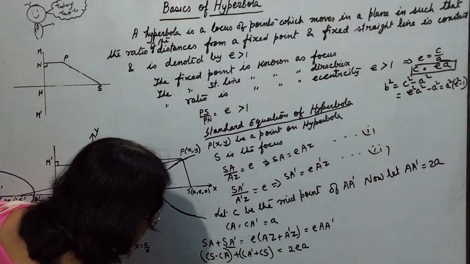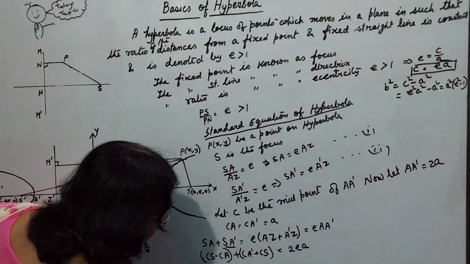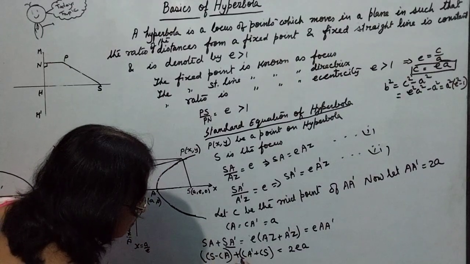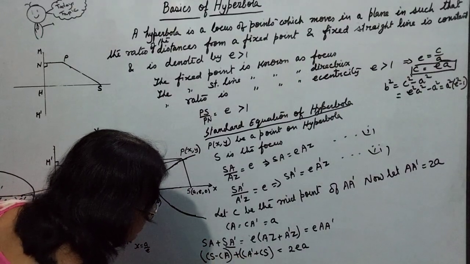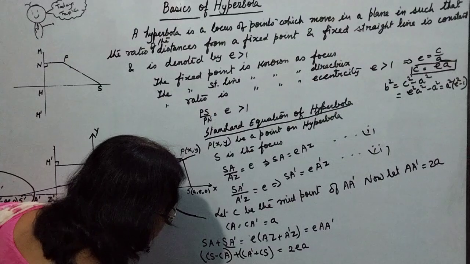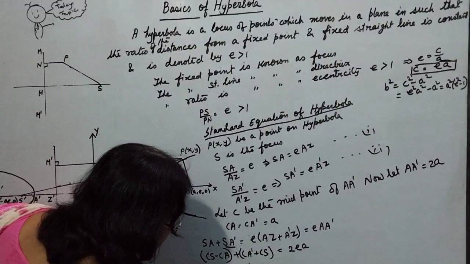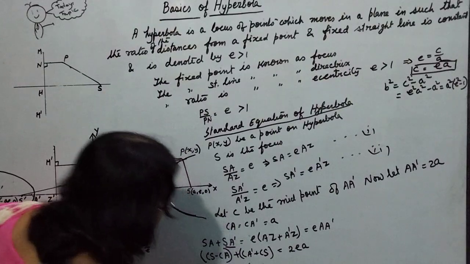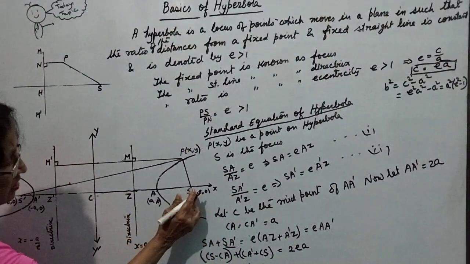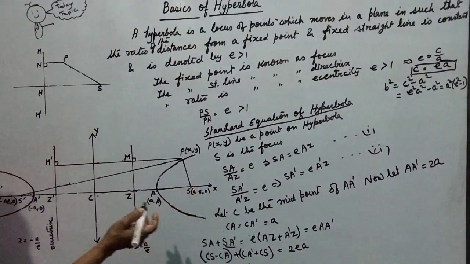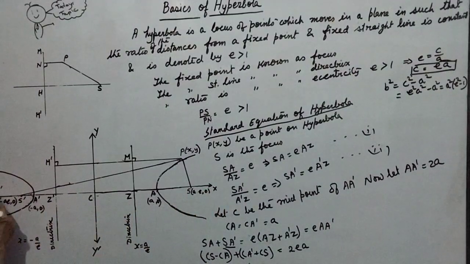Now this is twice of CS, and CA is equal to CA dash, so this cancels, this is equal to 2 into EA, this cancels, so CS is equal to EA. CS is equal to EA, and this is 0 and this is minus E.